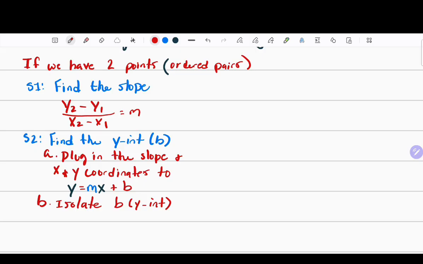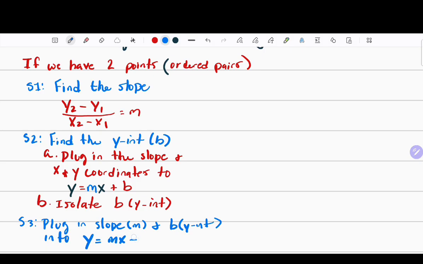All right. Then the last thing you do, which is step 3, plug in slope and your y-intercept into y equals mx plus b.